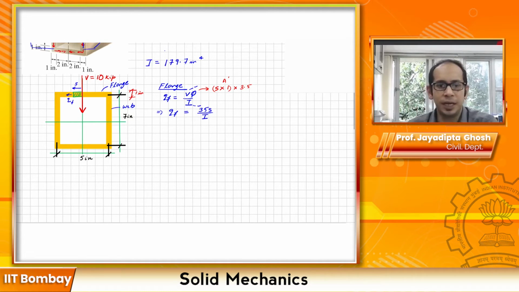At S equals 0, it is going to be 0, and it is going to be maximum because we are dealing with the flange. The maximum extent the flange goes is up to half of this 5, that is 2.5 over here. So let's try to calculate what happens at 2.5.